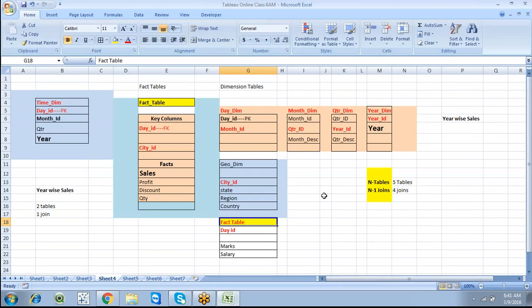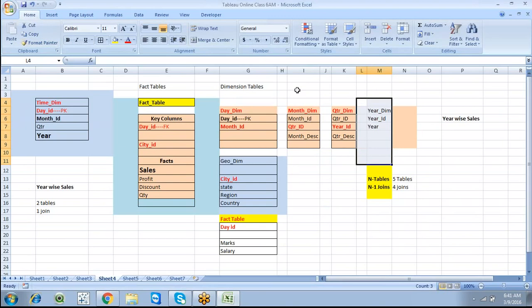So now you can see we have shrunken dimension tables that are indirectly related. What are the tables indirectly related? We can go for a month table. The month table is indirectly related to a fact table, and the quarter table is indirectly related to a fact table, and we also have a year table. So we have a month table, a quarter table, and a year table.